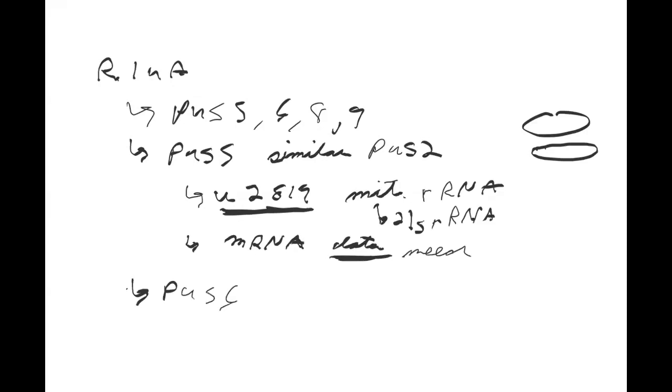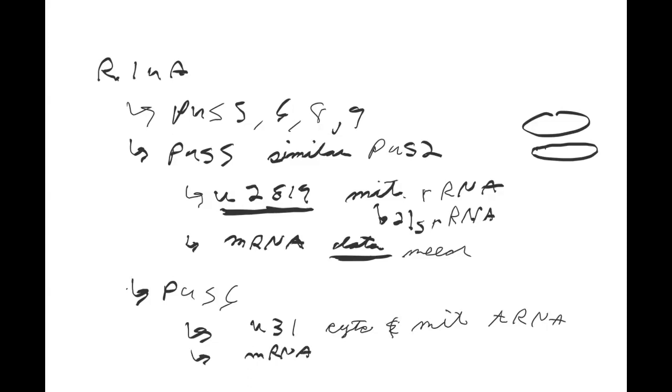PUS6 modifies the U31 position in the cytoplasm and the mitochondria transfer RNA. And it also modifies the messenger RNA, I suspect in the cytoplasm.